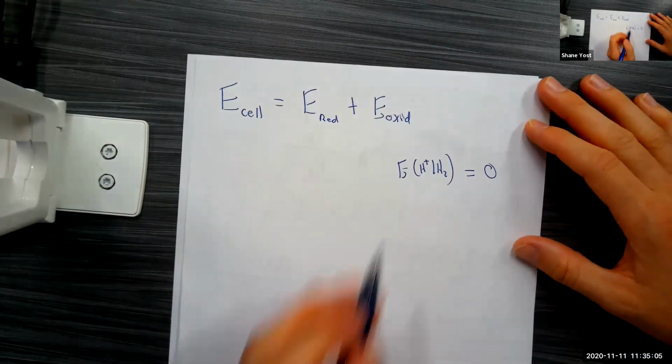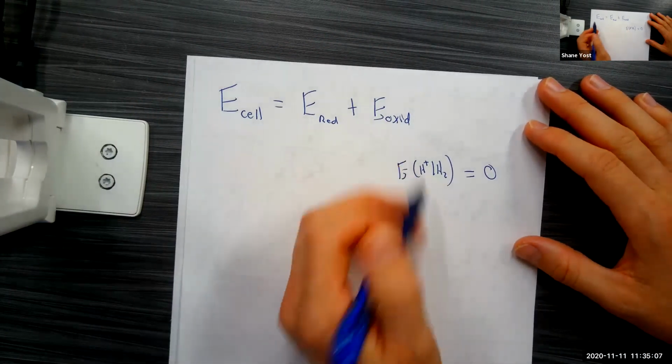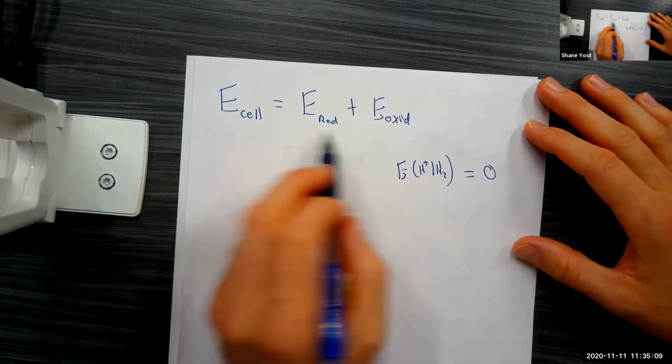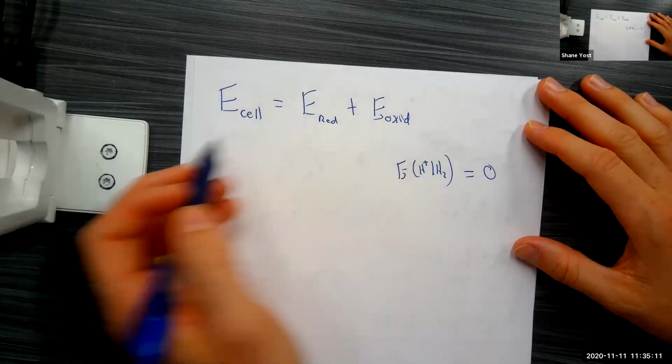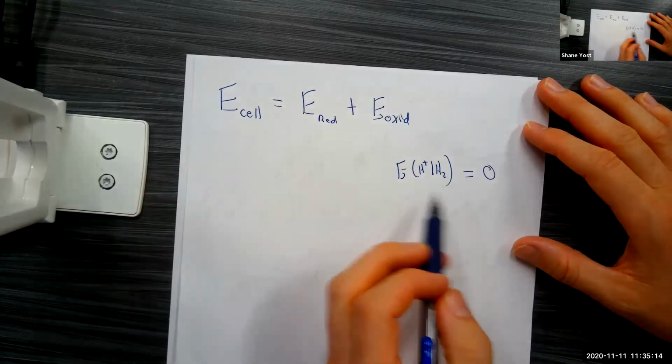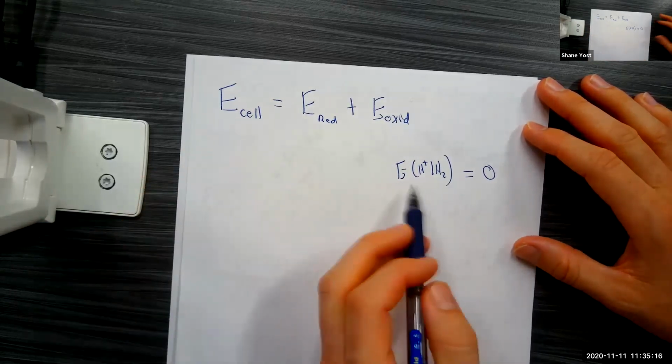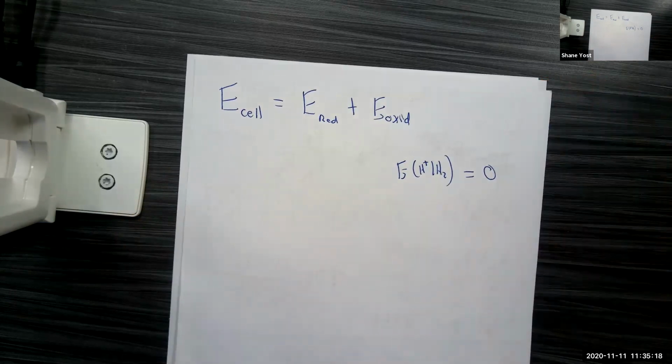And so if one of these is that, then my cell potential just equals the reduction or oxidation cell potential of the other half reaction, depending on whether you're oxidizing or reducing H+. So it just depends on what's going on in the reaction. And that's how we measure these cell potentials for different half reactions: we measure them all relative to the standard hydrogen electrode.